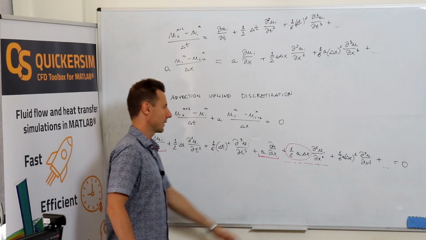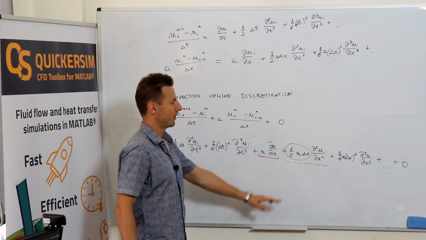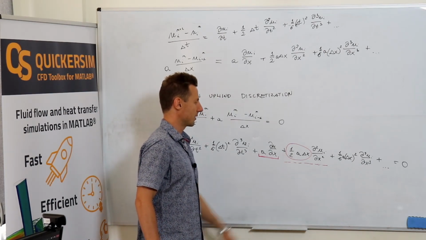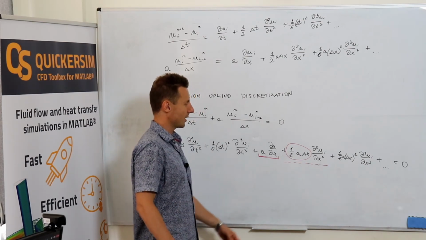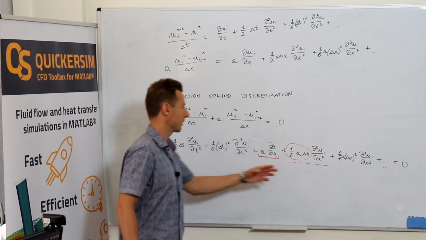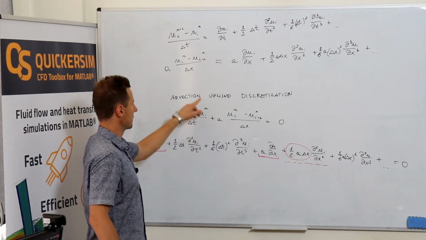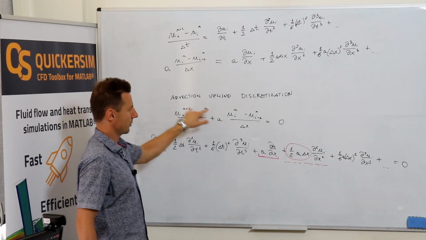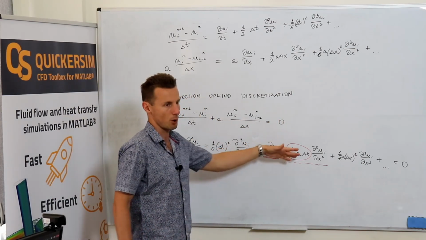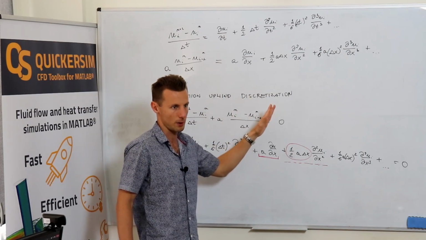Now the very, very smart way of thinking is, okay, if we know what the artificial diffusion is, okay, the problem right now we've got the pure advection equation. But imagine we have the same problem with advection diffusion equation.